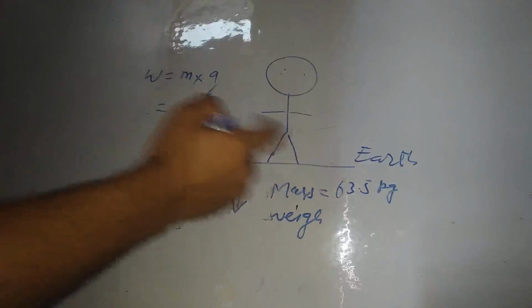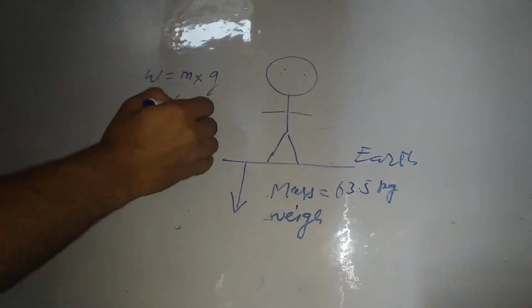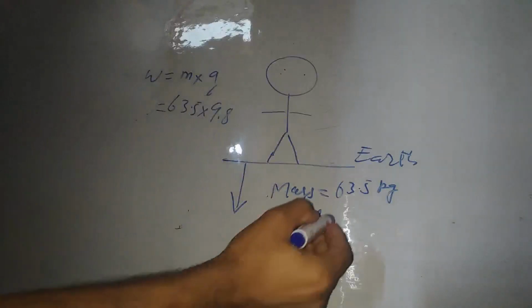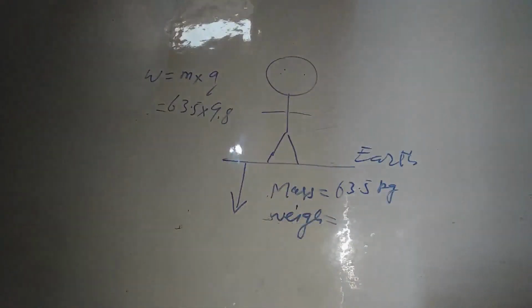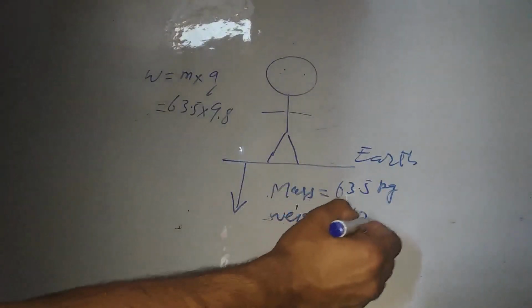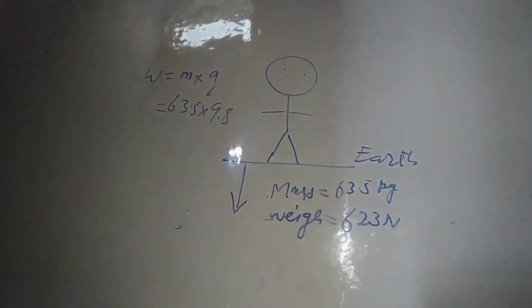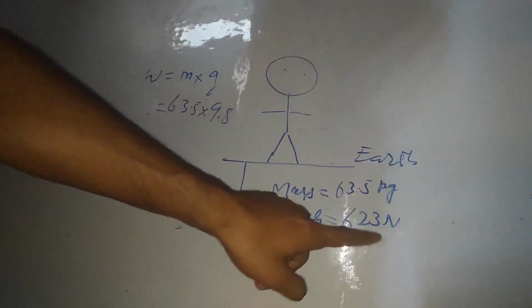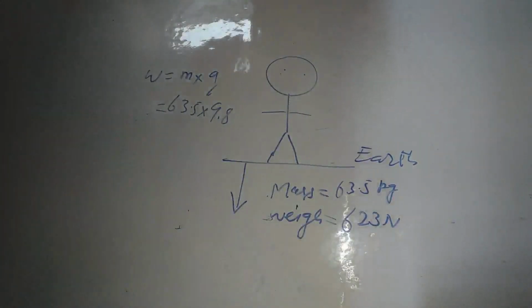So this is equal to mass 63.5 multiplied with g, which is 9.8. So this is approximately equal to 623 Newton. So here the Earth is attracting you with a force of 623 Newton.